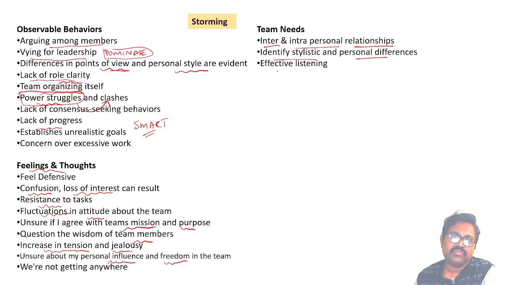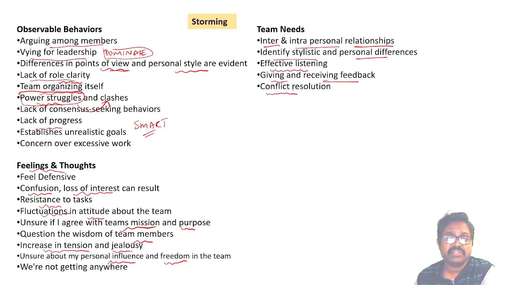They need to first develop effective listening skills, and they need to learn how to give and receive feedback within the group, and try to resolve the conflicts that arise from the discussion, and clarify and understand what the team purpose is, and that it is not about the individual roles and responsibilities.